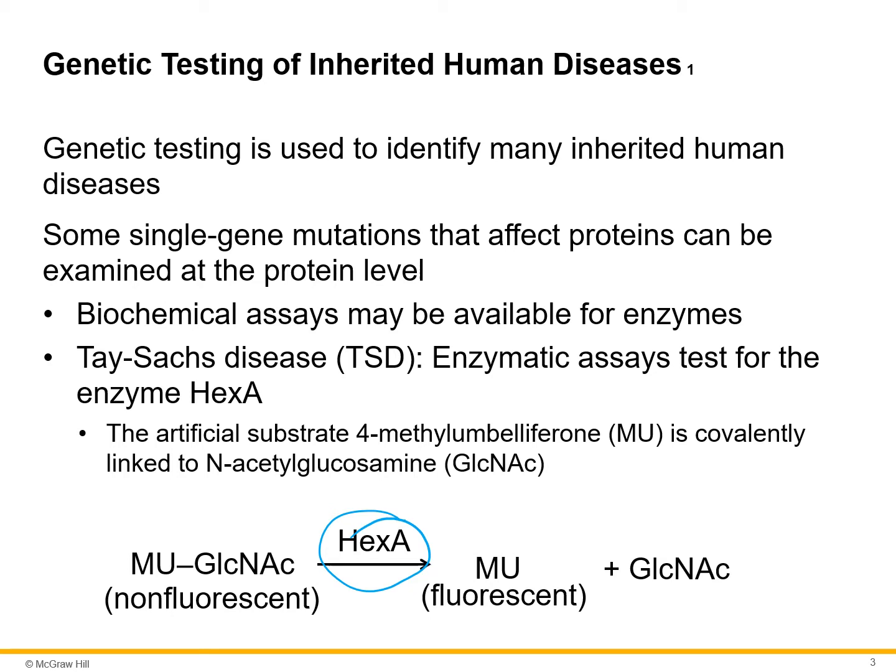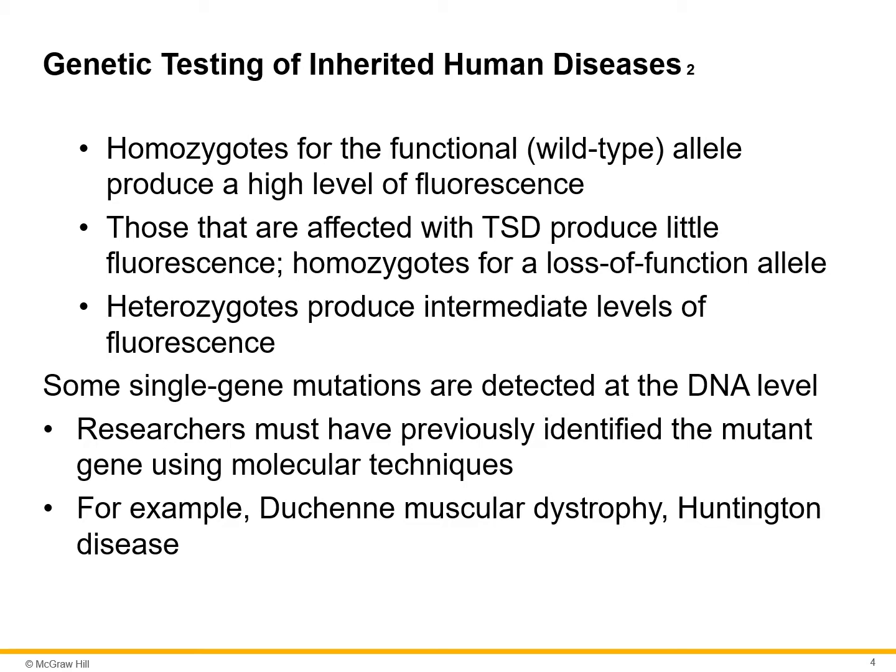If the enzyme is present, it converts that substrate to a fluorescent molecule. If the enzyme isn't present, then you do not get fluorescence. So it's a pretty easy detectable mechanism. Homozygotes who are normal, with two functional alleles, will show a high level of fluorescence.